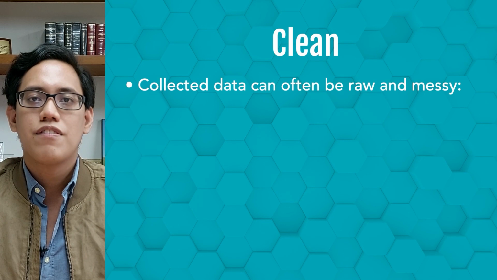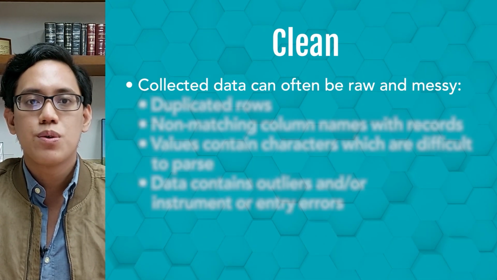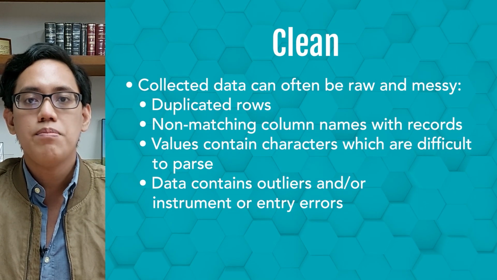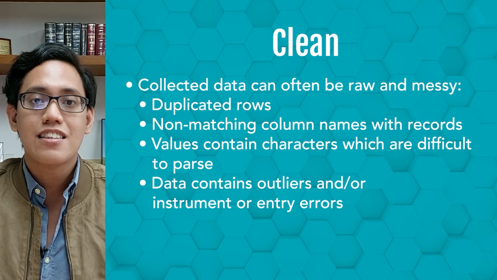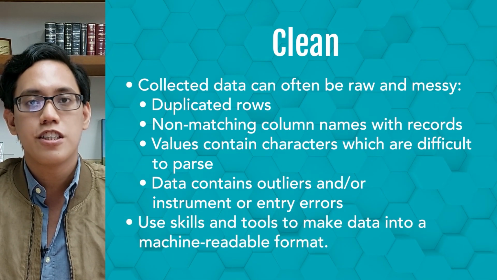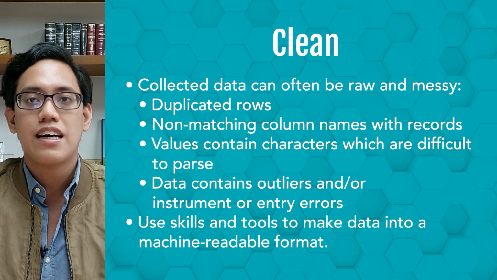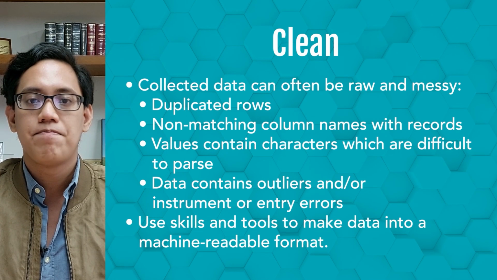The data that you have can often be raw or messy. For example, you can have duplicated rows or observations, column names or variables that don't match the records, and values which contain characters that cannot be easily parsed. So at this point, you can use tools at your disposal in order to render the data into not just machine-readable formats, but also into a tidy dataset.